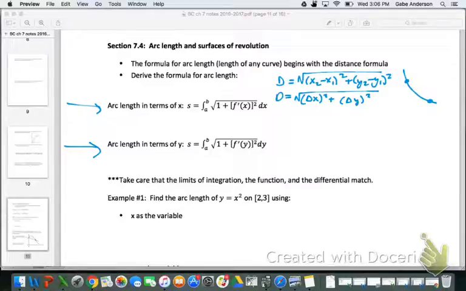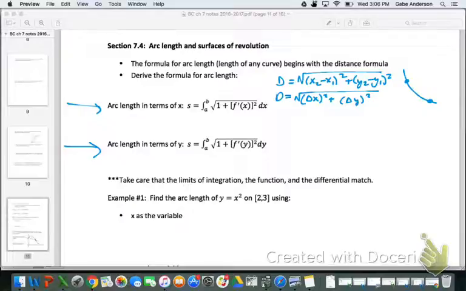Infinitely many. And so we have to stop thinking in terms of, from this point to this point, how do we measure the distance between just 2 points an infinite number of times? Aren't we going to have to add up all those little micro distances? So how is it that you add up a ton of little tiny things? Integral, right? A definite integral will allow you to do that.